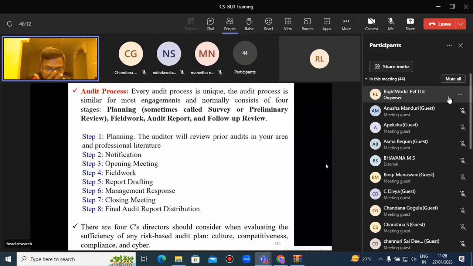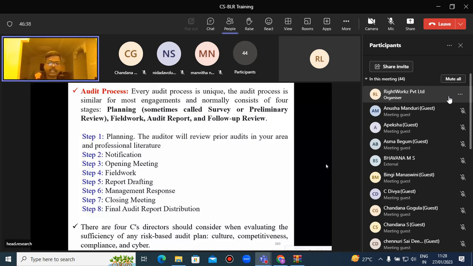Where is the accountancy department? Where is the staff department? Where are the other non-technical, non-teaching departments, and the teaching department? Like that, they verify each and every physical room with the help of field work.